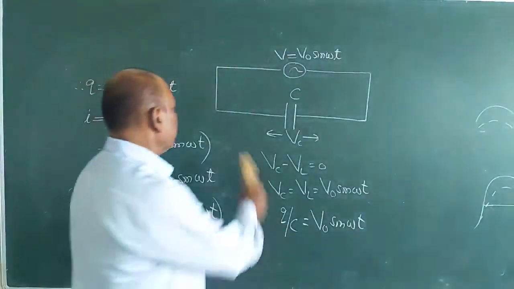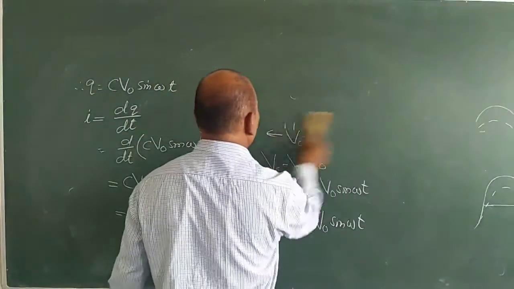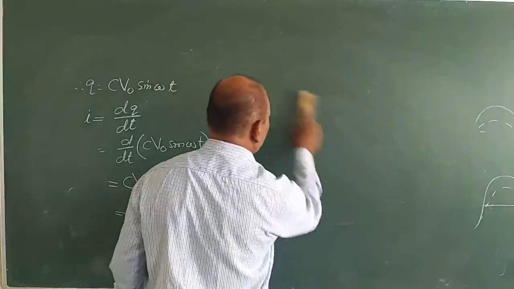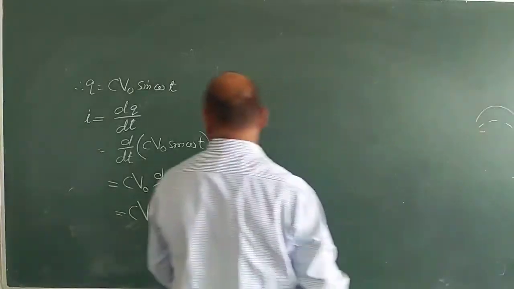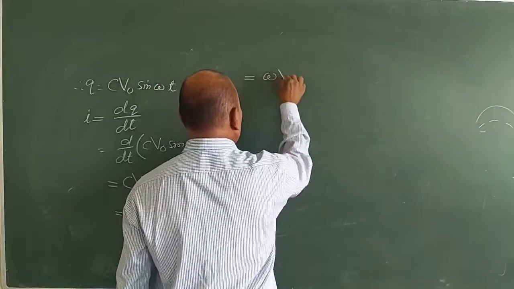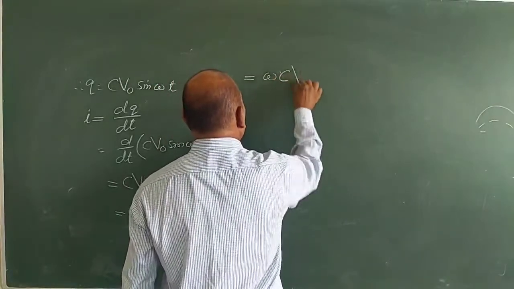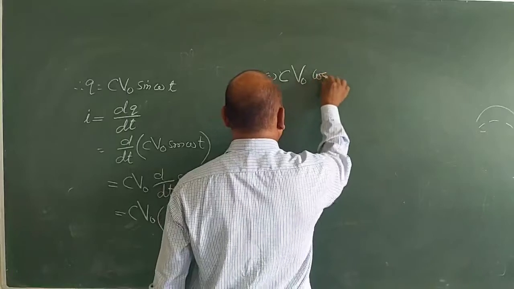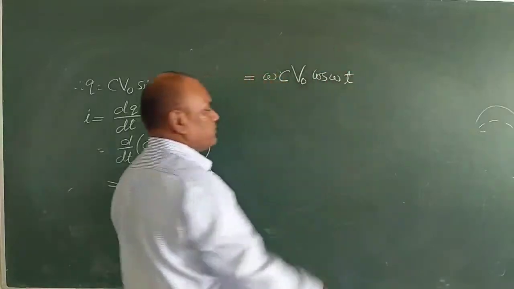So from here we have omega C V0 cos omega t.